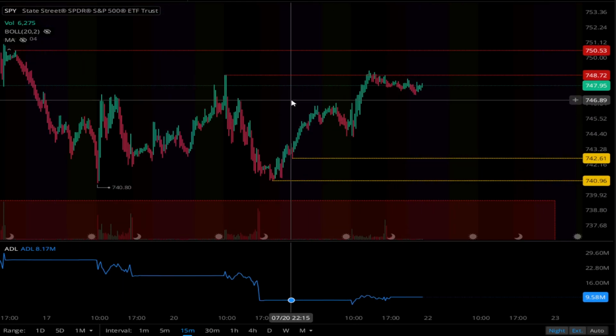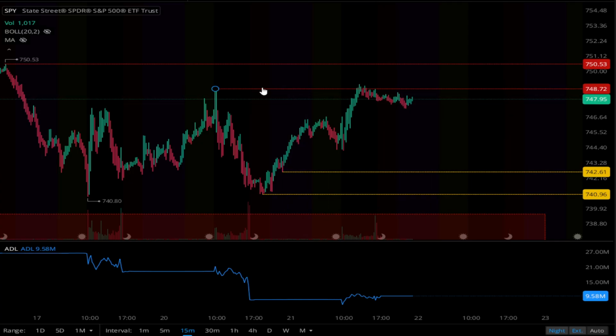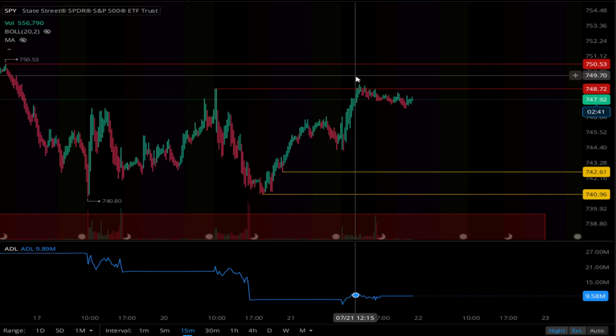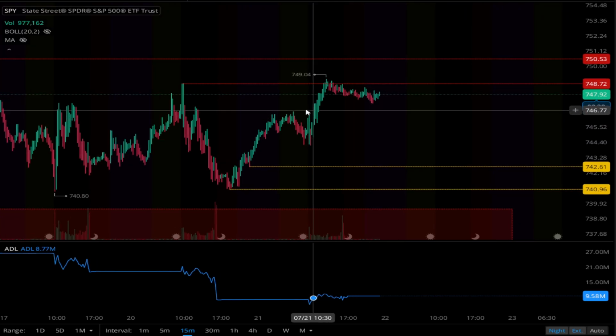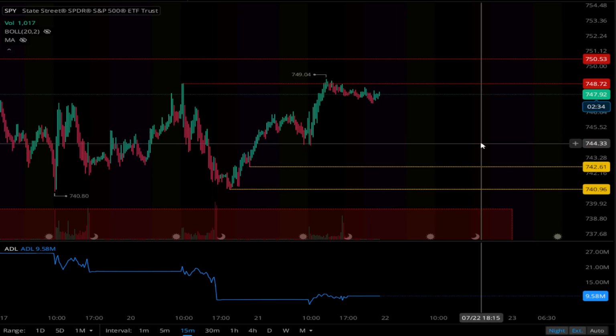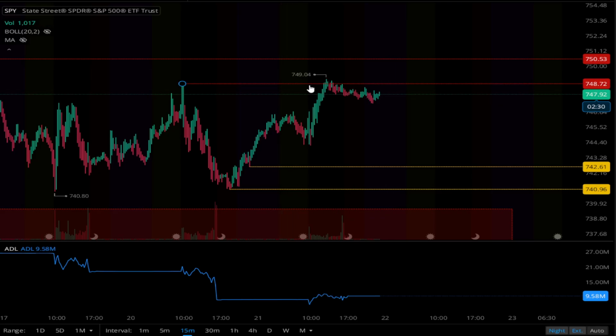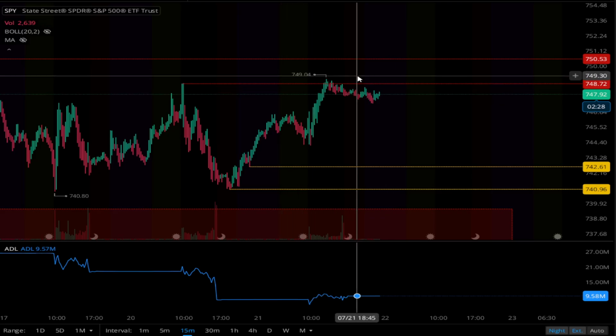Now, we had a couple important levels we needed to watch for today, and that was the resistance of the 748.72. We hit that level and started rejecting, which means that we can start seeing potentially some bearish price action from this. But one thing we do have to consider is that usually resistances will turn into a support.